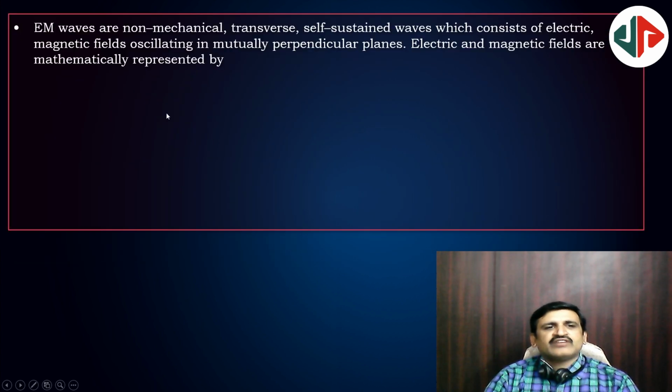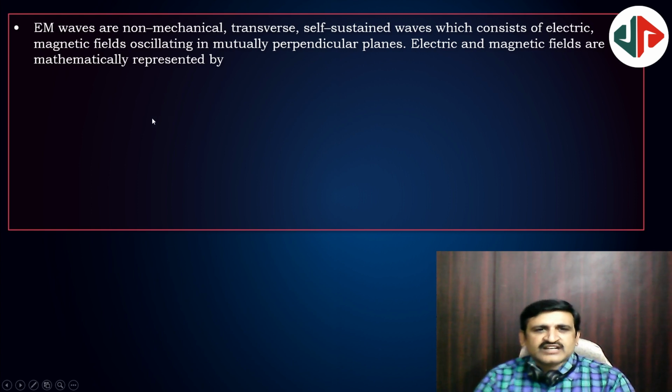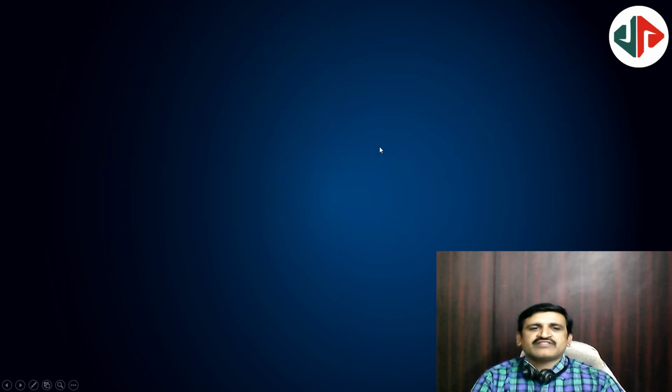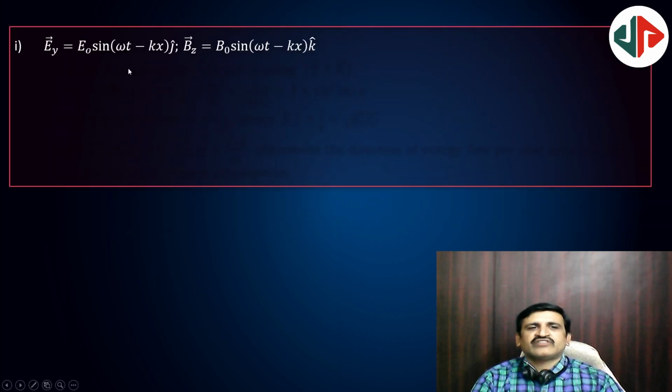Next, EM waves are non-mechanical, transverse, self-sustained waves which consist of electric and magnetic fields oscillating in mutually perpendicular planes. Electric and magnetic fields are mathematically represented by the given equations: the electric field equation and the magnetic field equation. See here, omega t minus kx indicates that it is propagating along the positive x-axis.